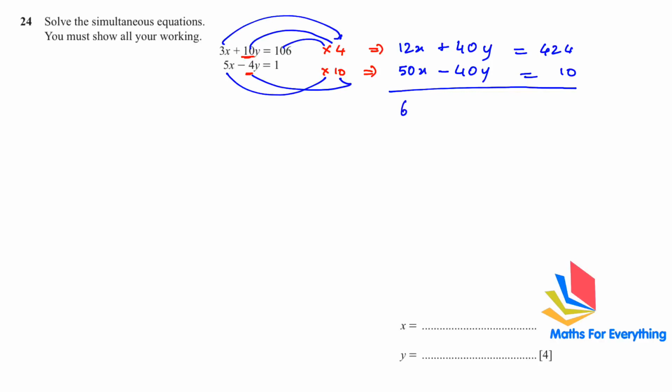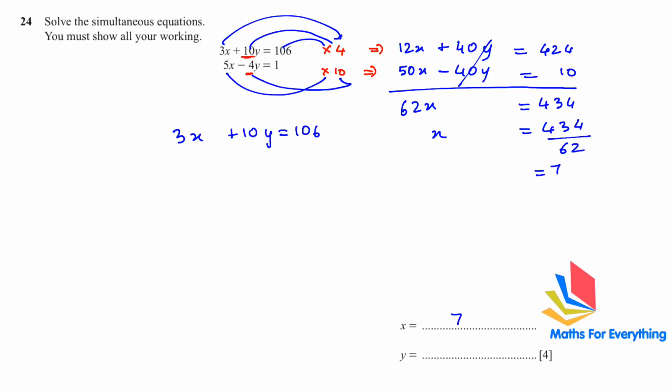12 plus 50, 62x. This gets cancelled and we will get 434. So x is equal to 434 divided by 62. We will get 7. X is 7. Now to find y, substitute in any equation you want. I'll substitute in the first equation. 3x plus 10y is equal to 106.